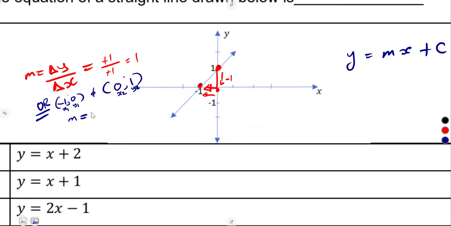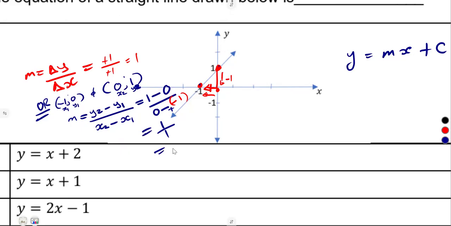The change in y over the change in x is written as y2 minus y1 over x2 minus x1. So we substitute y2, which is 1, minus y1, which is 0, over x2, that's 0, minus x1, which is -1. So that gives us 1 minus 0, which is 1, over 0 minus -1, minus minus is a plus, so 0 plus 1 is 1.